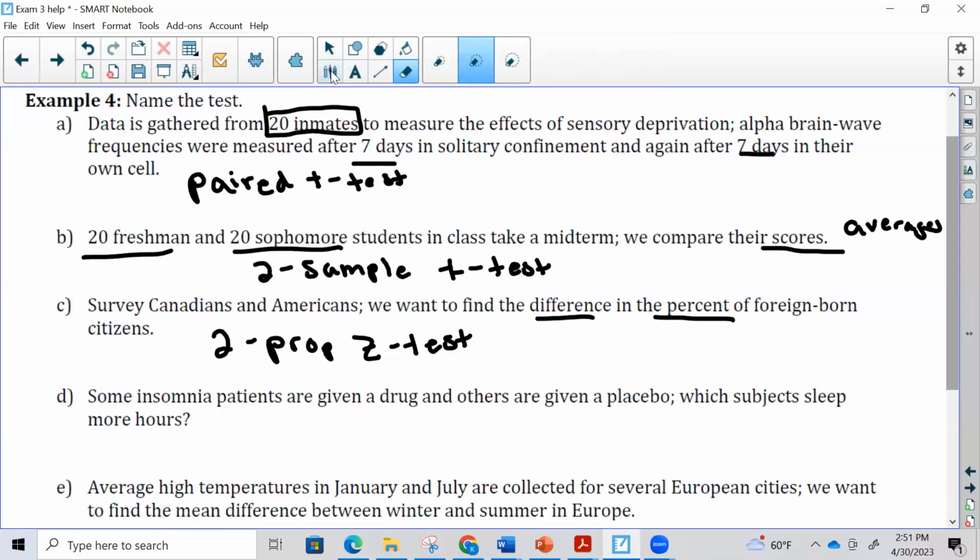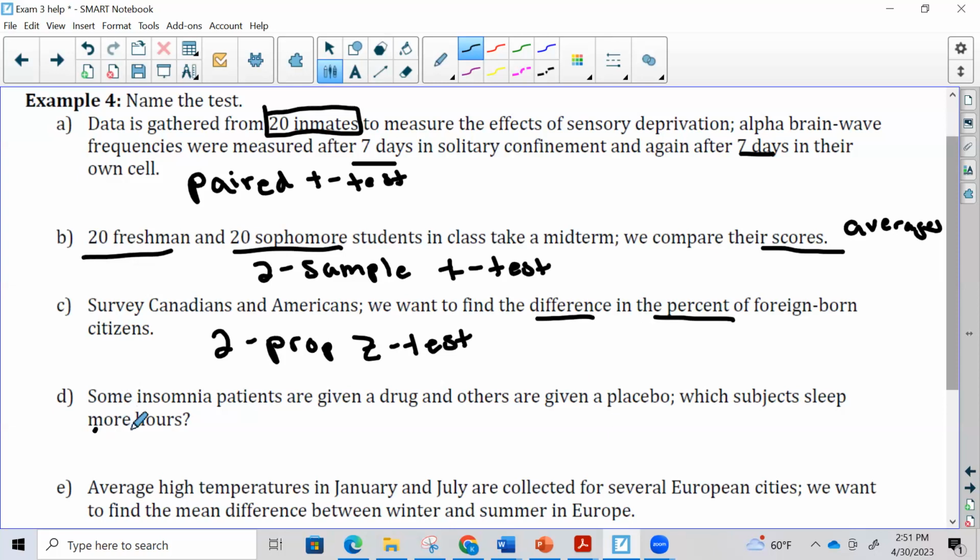D says some insomnia patients are given a drug and others are given a placebo. Which subjects sleep more hours? Okay. So I am, again, doing 2 sets of groups. One group is given a drug, another group is given a placebo. And they don't say anything about the relationship between these. So it's not going to be a paired t-test. So it's independent groups.